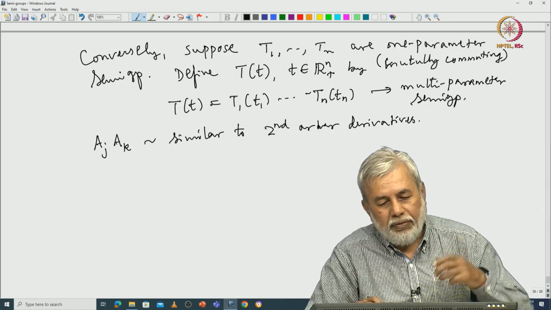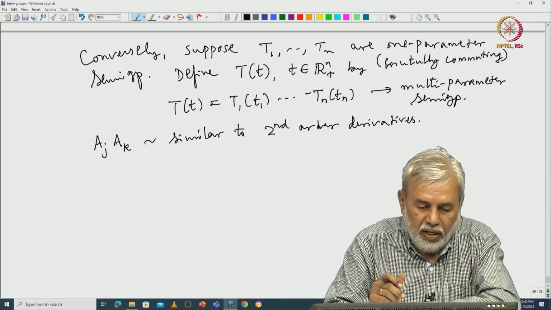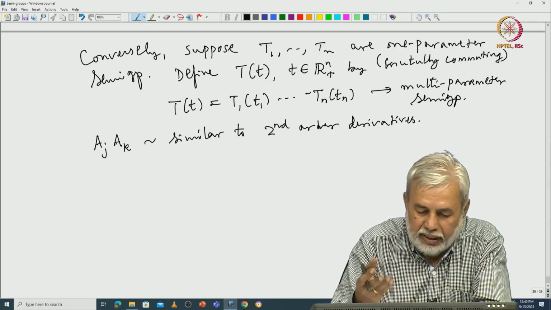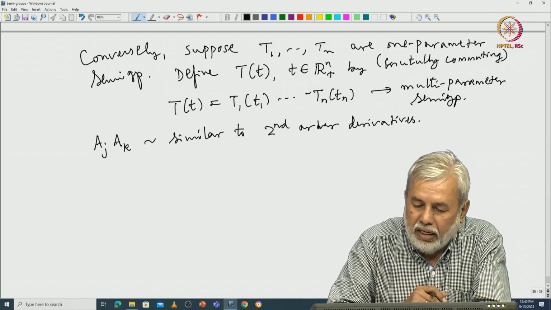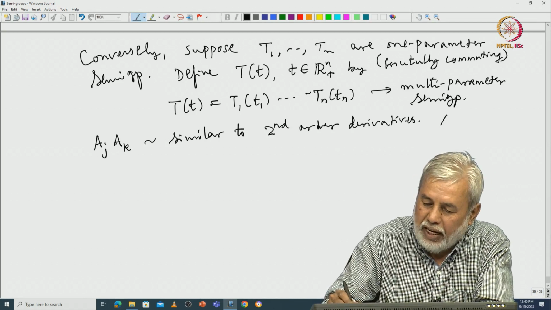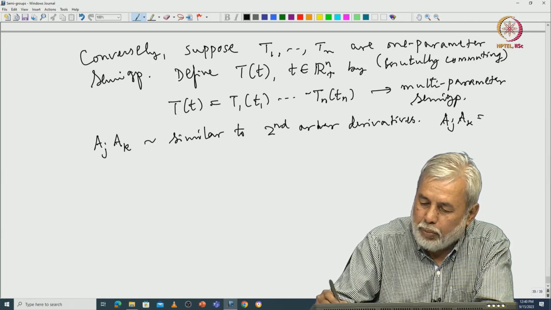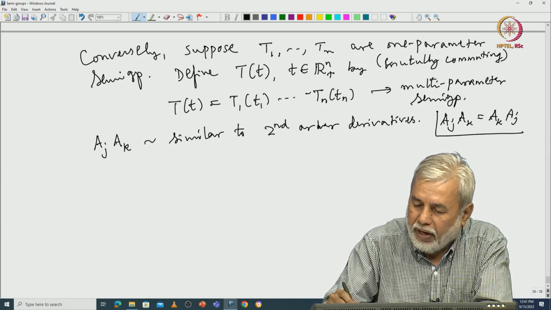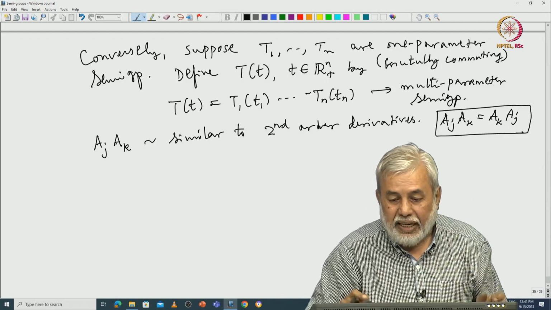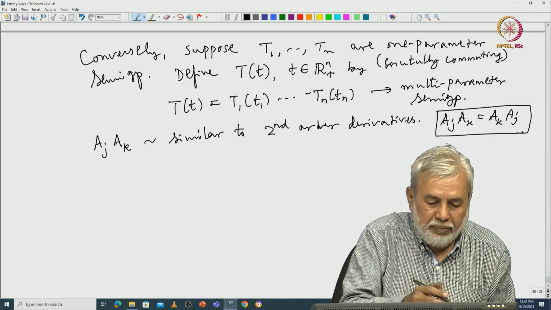So now you can even define the weak derivatives and other things by taking translation semigroups. Okay, so in fact we get also A_j. Just these are unbounded operators. You can just check that. Okay, check this carefully. So equality of mixed second derivatives, that is similar to that.